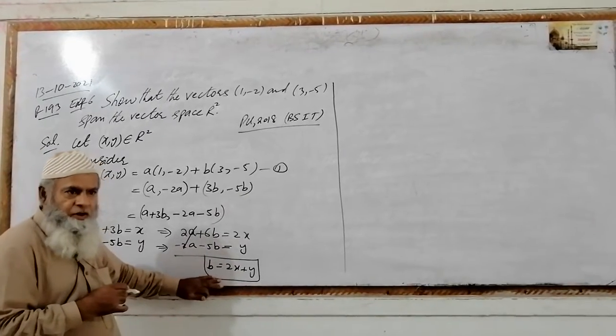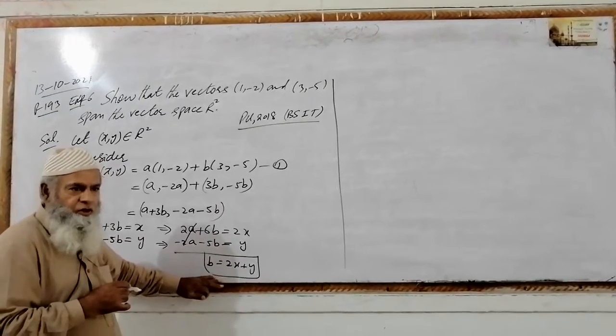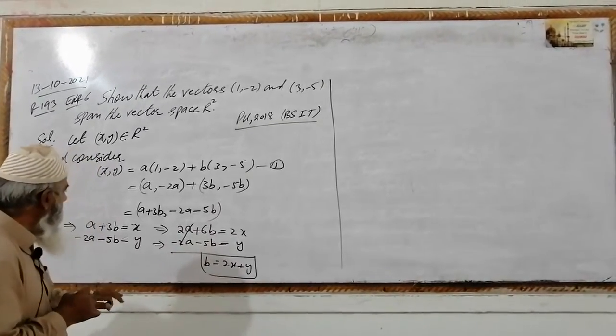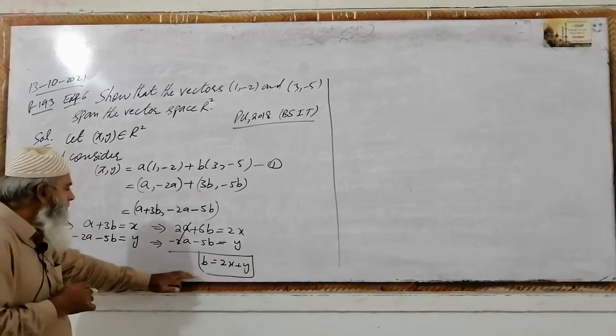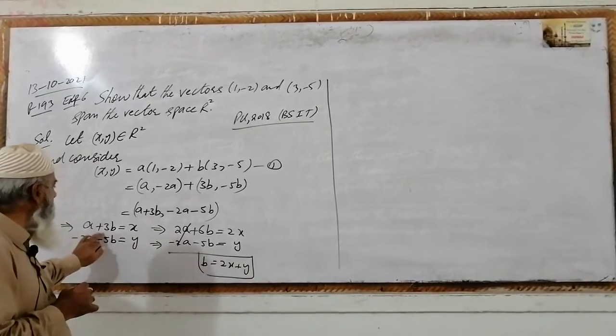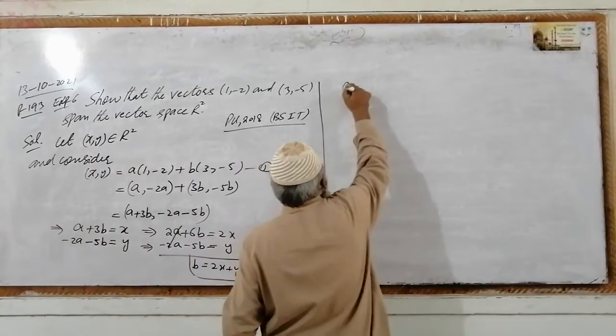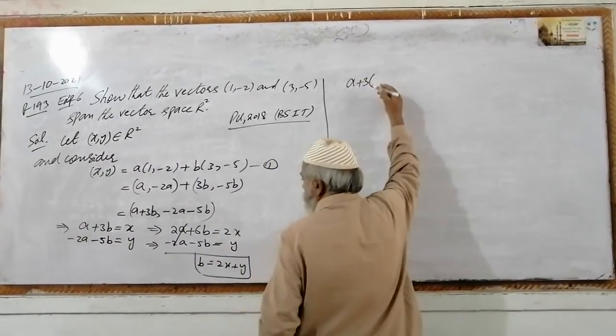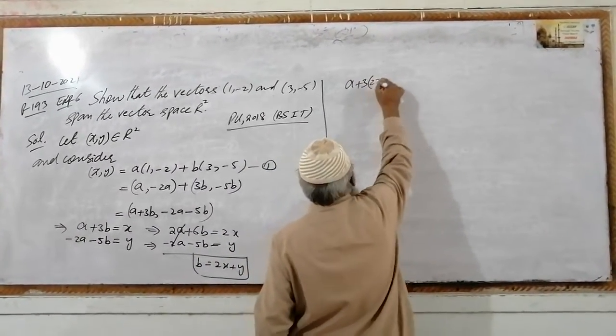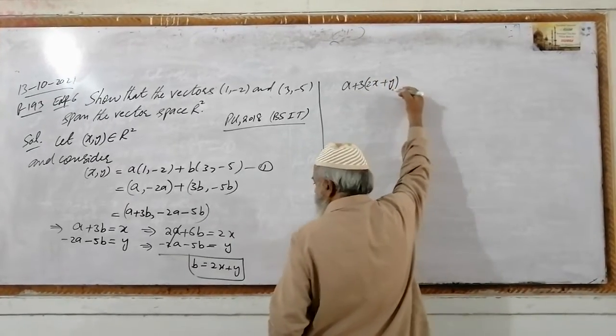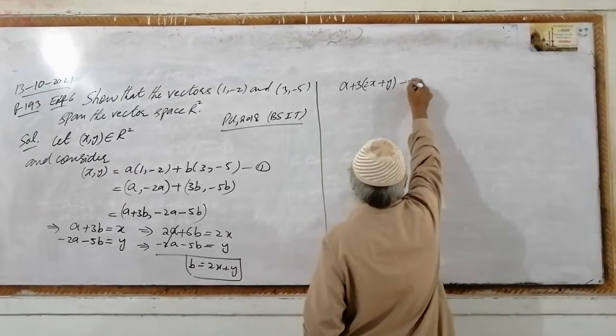So we have found the value of b. Next we have to find the value of a. If we put this value of b in this equation, we will be able to find a. a + 3b, put here the value of b, which is 2x + y, and this is equal to x.